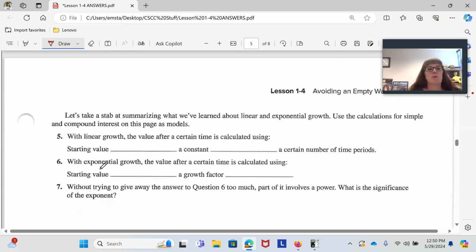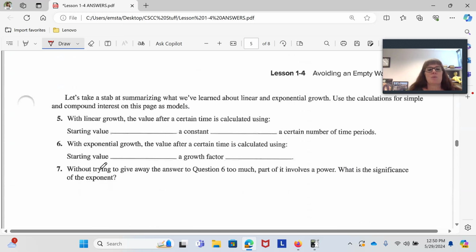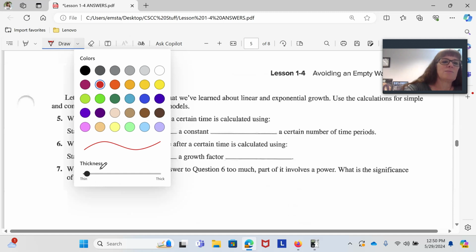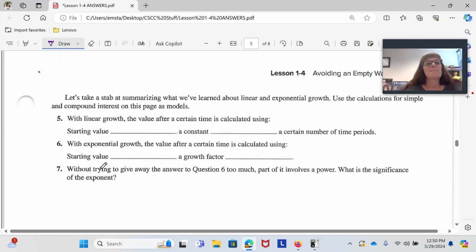Top of page 51. So we're going to try to summarize this now. Let's put this all together and summarize what we've learned. With linear growth, the value after a certain time is calculated using a starting value plus some constant times however long I'm investing for, some amount of years or time periods.